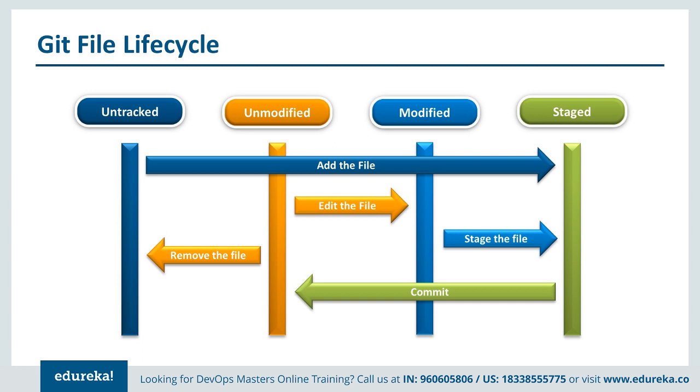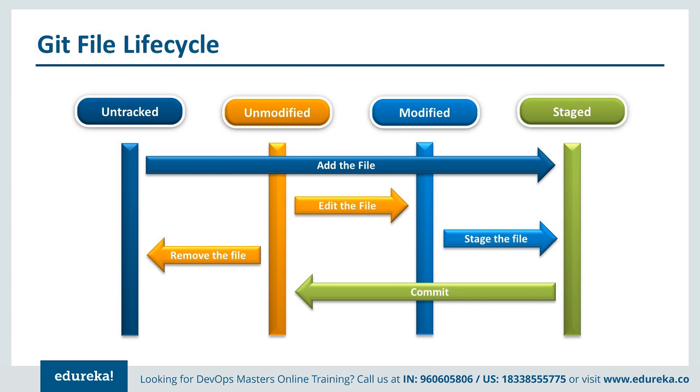As you edit files, Git sees them as modified because you have changed them since your last commit or your last pull. Now if you remember, pull is the way to get the updates from the repository into your local directory. As you work, you will selectively stage the modified files and then commit them as necessary.